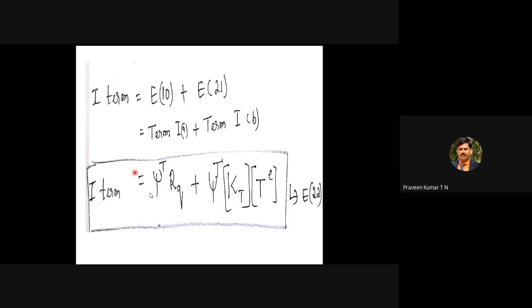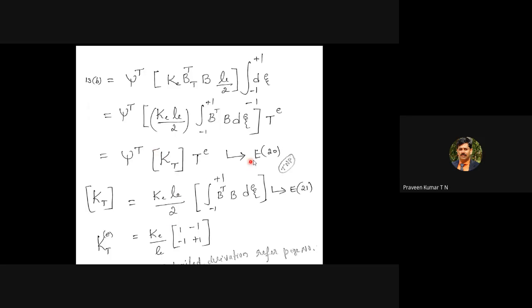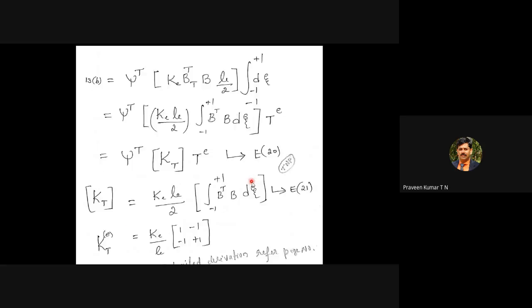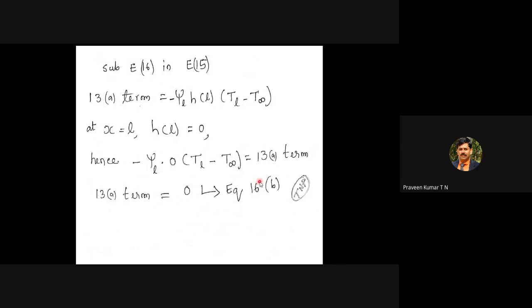Now in the first term, the first term is xi transpose into R cube, and the second term, we can see here in equation number 20, is xi transpose KT into TE. That is one term, and one more term we already have here.